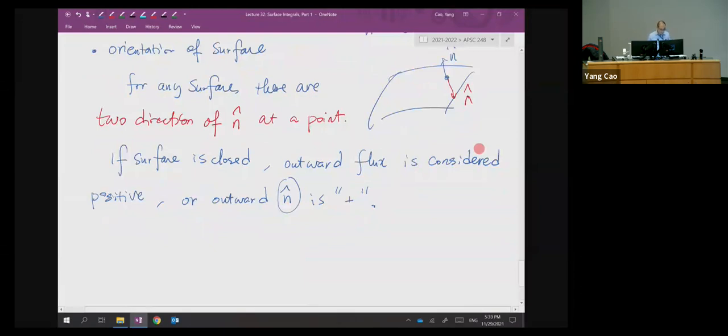You do have two options for n hat. All right, so now let's formally look at the evaluation of this surface integral.